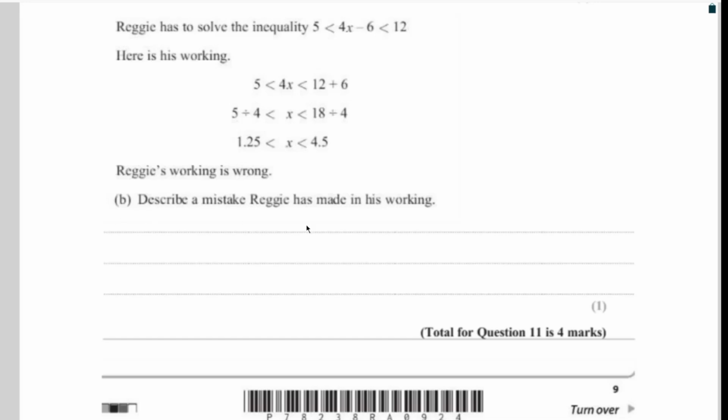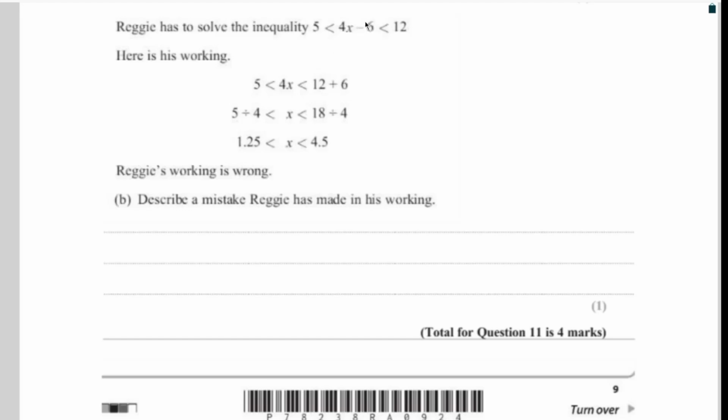Part B, describe a mistake Reggie has made in his working. So we need to pick what his mistake is. First, you should know how to do this working. There are 2 inequalities, because there are 2 inequality signs. So when solving this inequality, now he has done this.